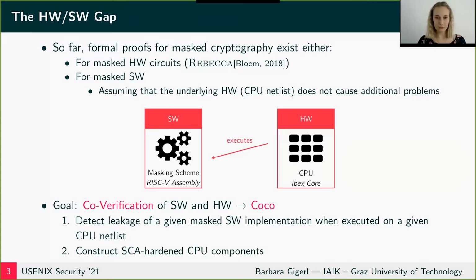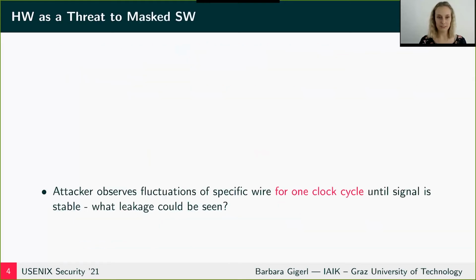And second, we try to fix and identify certain pieces of the hardware which cause leakage, which is not that easy to see for the person writing the masked software. But how can hardware now exactly be a problem to mask software?